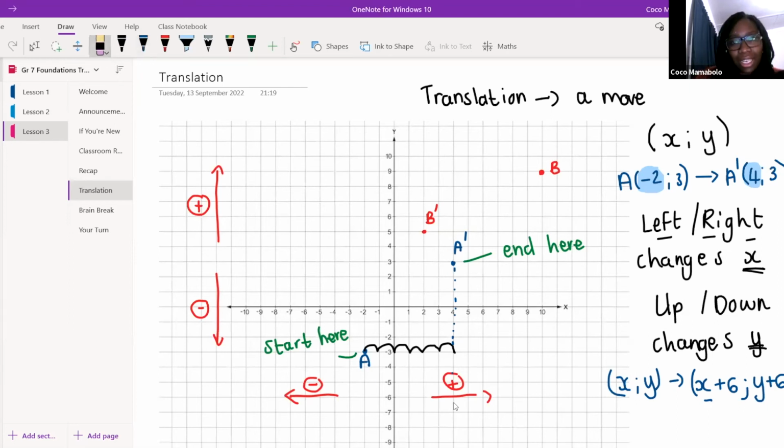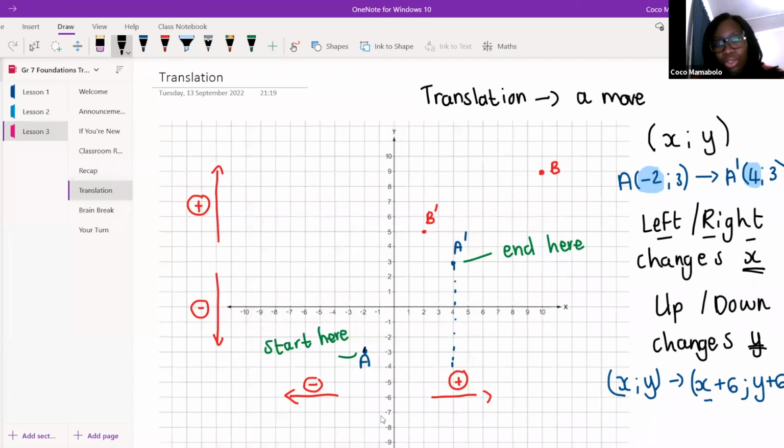I will say it again. If I want to get from A to A prime, I have to move to my right. To get right underneath A prime, I need to count how many spaces to the right I'm moving.